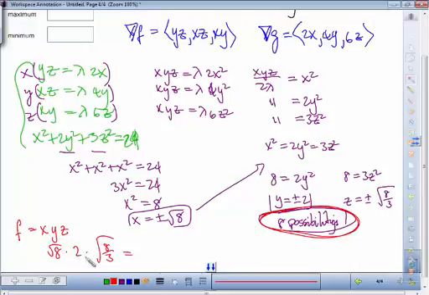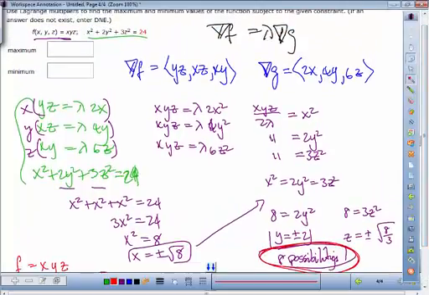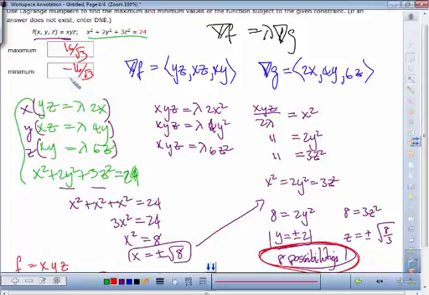So 16, I guess that's 8 times 2 is 16 over square root of 3. If they were all positive or all negative, then this would be a positive. If 2 of them are negative or 2 of them are positive, whatever the combinations are, they're either pluses or minuses. So in either case, the maximum would be positive 16 over root 3, and the minimum would be negative 16 over root 3. Okay? Any questions?